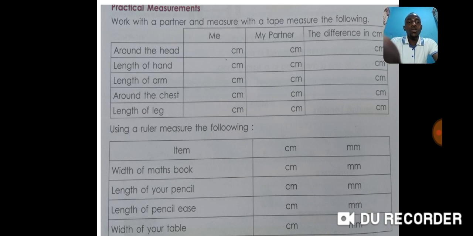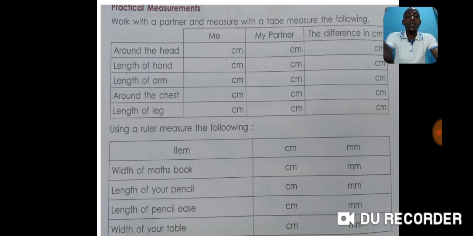Do your best to use a tape measure or a measuring tape to transfer these measurements onto your centimeter or millimeter scale or meter scale. Let's skip through this. You are supposed to choose a partner. It could be a brother or a sister, or you can try this with mom or dad.